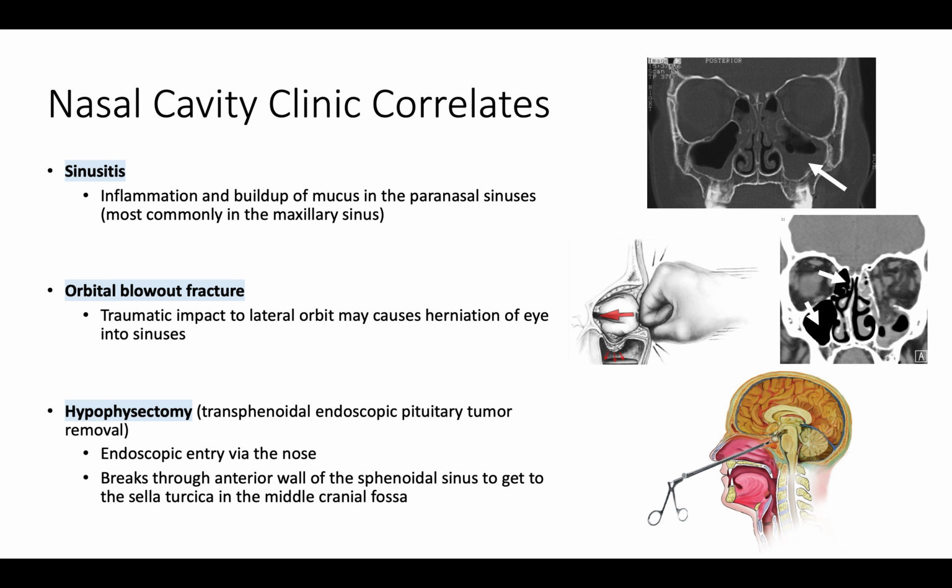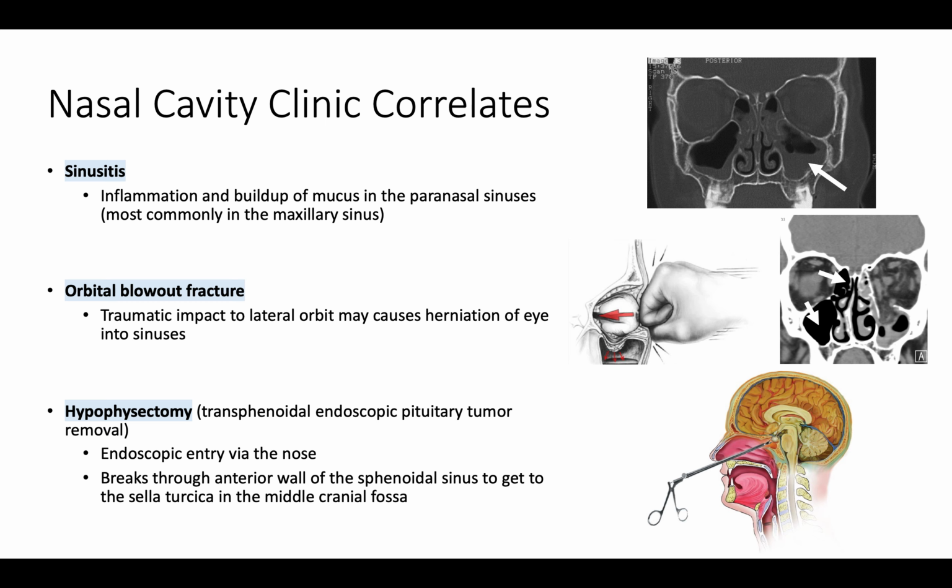Okay, so some clinical correlates are sinusitis, when we've got filling of mucus in these sinuses. So we can see it right here in the maxillary sinus. And it shows up right here. Okay, and then the orbital blowout fracture. So if somebody gets punched in the eye, it can go one of two places.